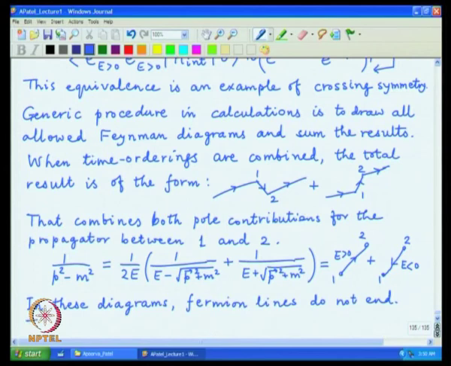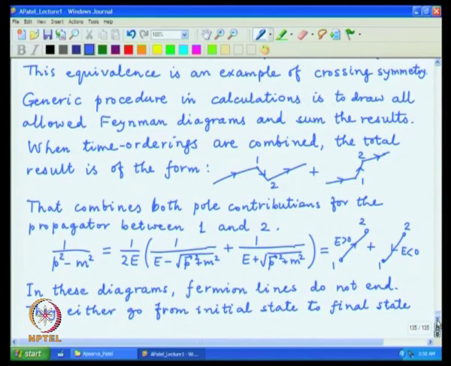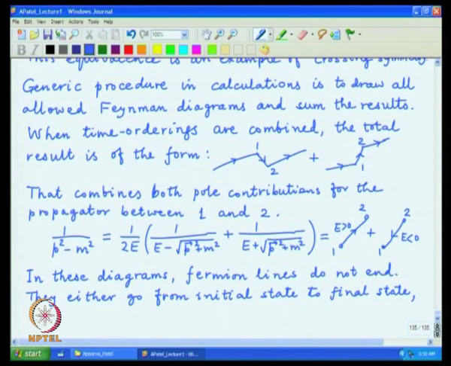So, they either go from the initial state to the final state or form closed loops.